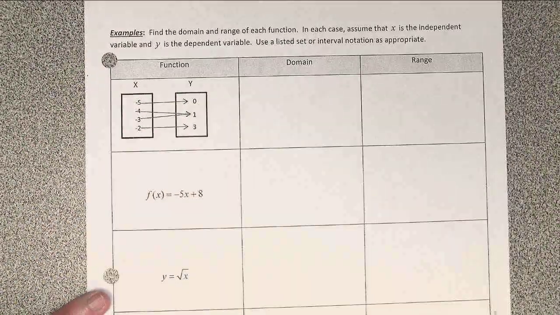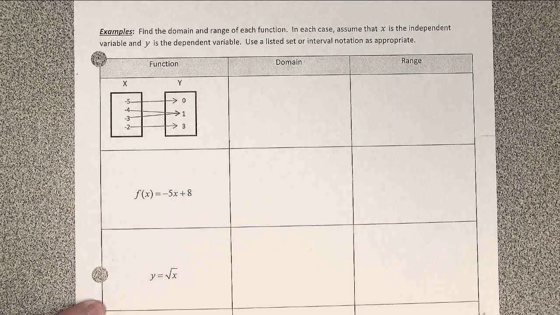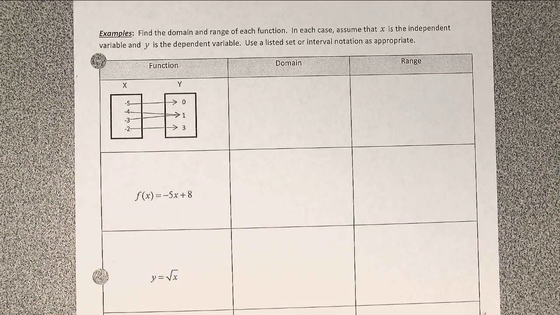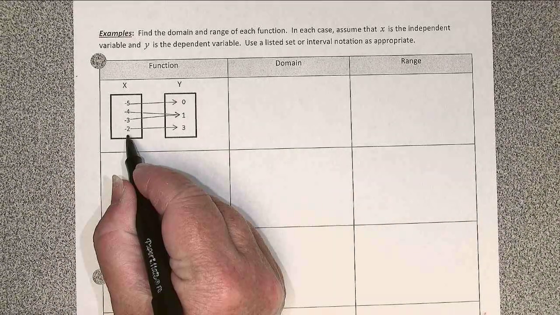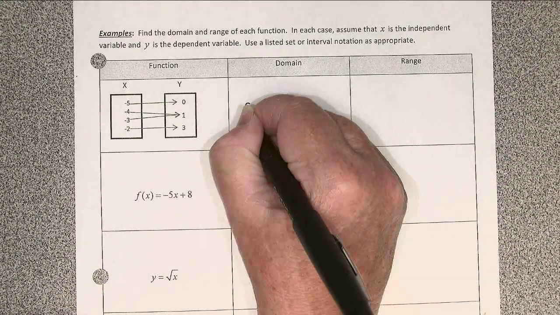On the next page, I'm going to start with this function defined by this mapping diagram. And in this case, notice that we don't have a whole infinite set of values. We only have specific individual values for our inputs or our domain and our outputs or our range. So this time I'm going to just list them.